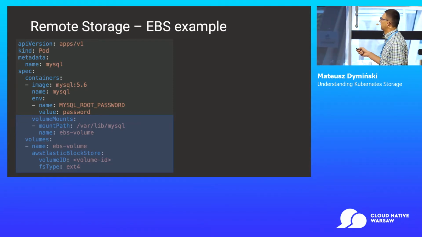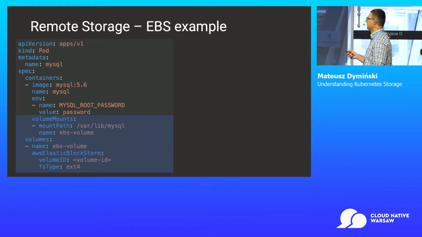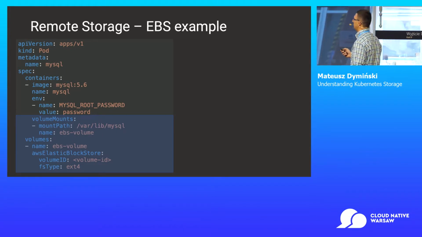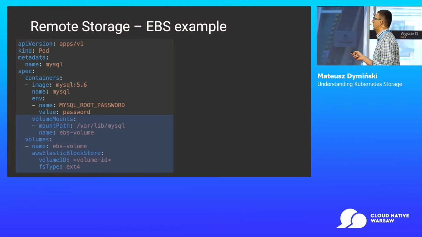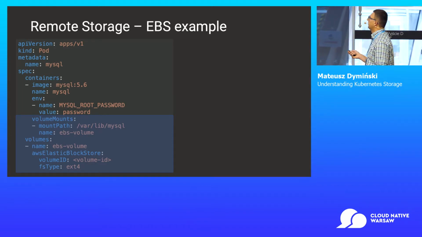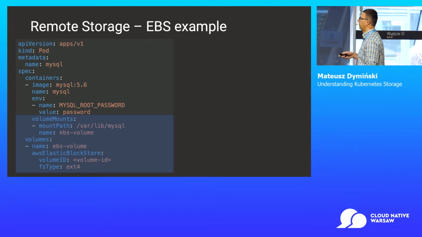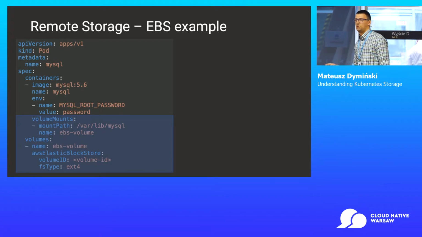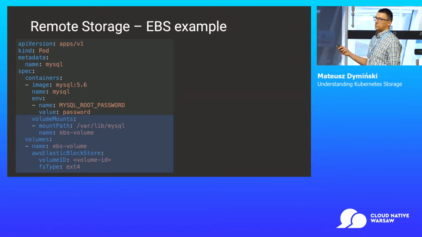So we are attaching the volume based on AWS Elastic Block Storage, which is EBS, and now we can inline. So we can directly say that this pod needs to mount the volume which is taken from the EBS. Okay, and now there are some problems with that.